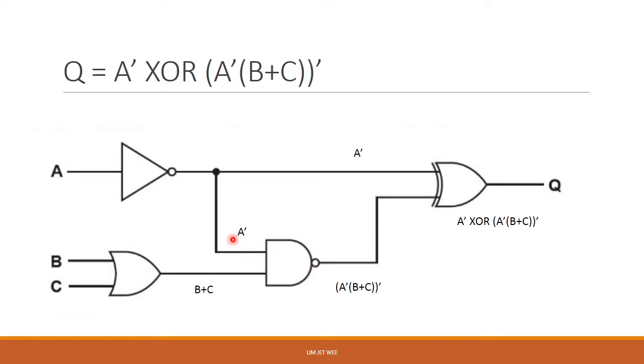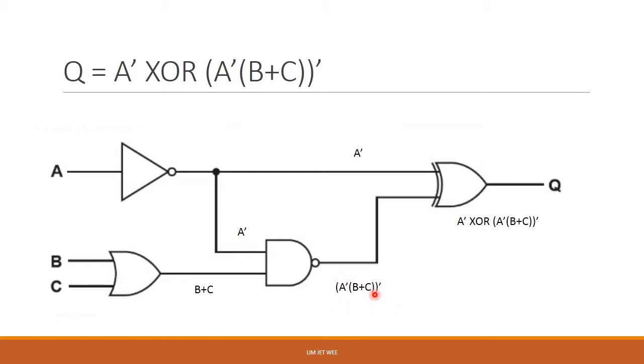So I will take NOT A and B plus C, and I will AND them. AND is a multiply. You can put a small little dot here to represent the AND. But the whole thing will be NOT, because this is a NOT AND. So the whole thing in brackets, and I put a NOT. That will solve this part.